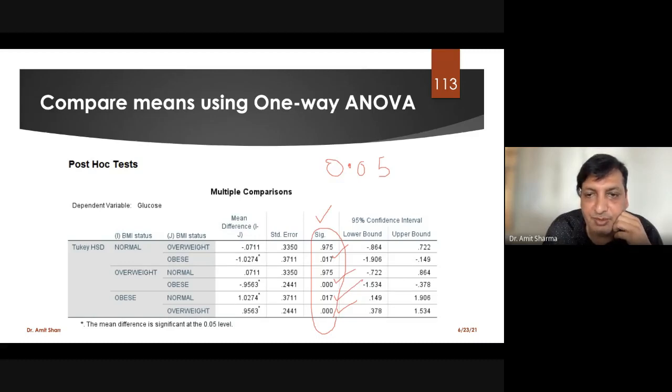So these groups will be considered significant. Otherwise, the remaining groups will not. For example, this group will not be considered significant, which group? Normal and overweight. But this group, overweight and obese, will be considered significant.